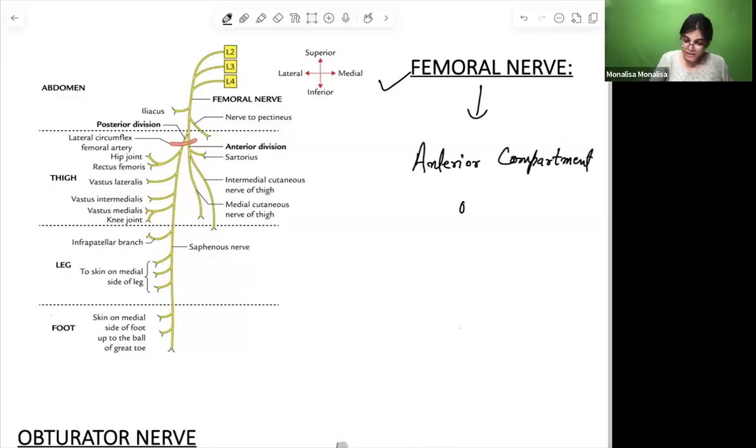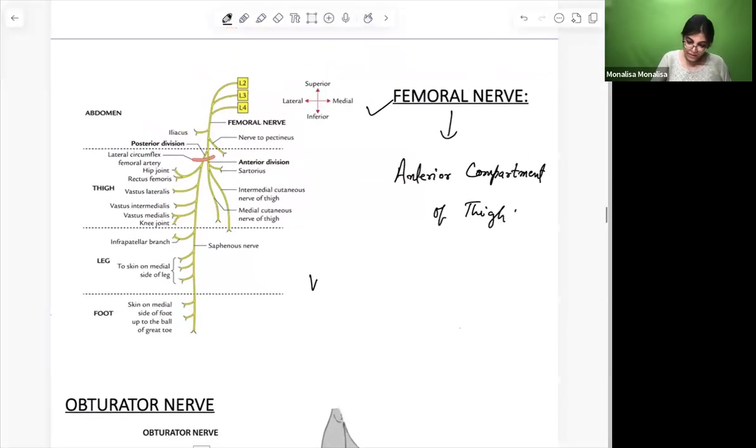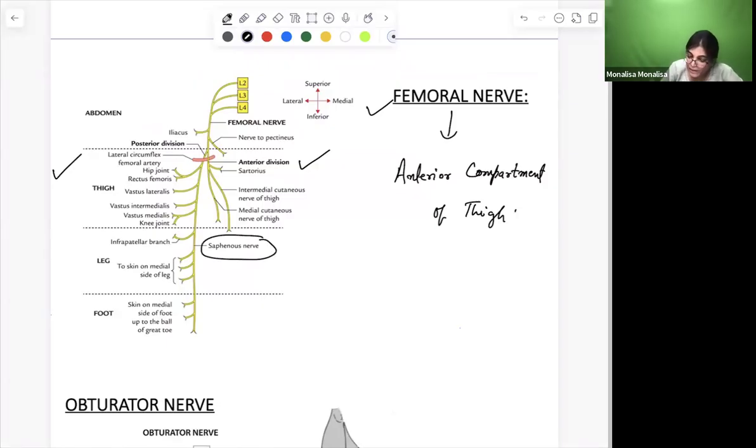So this flow chart is enough to know the innervation. Femoral nerve innervates all the muscles of anterior compartment of thigh like sartorius, quadriceps femoris, that is vastus medialis, lateralis, vastus intermedius, rectus femoris, and it gives cutaneous branches like intermediate medial cutaneous nerve of thigh and saphenous nerve.